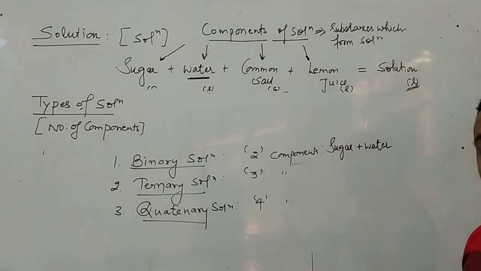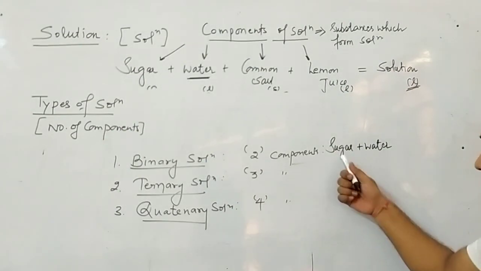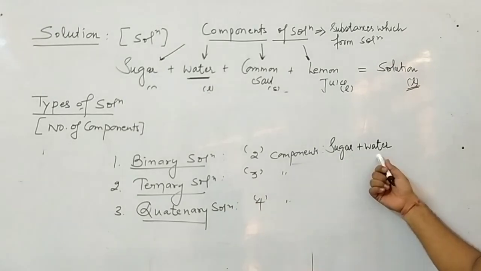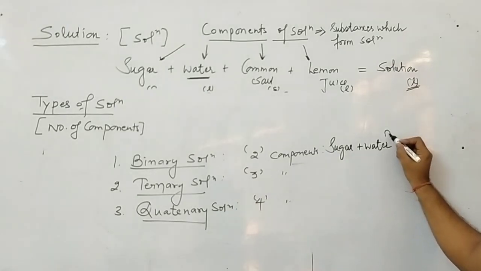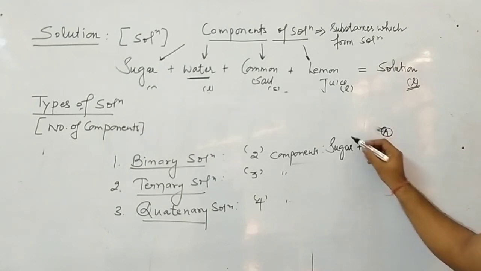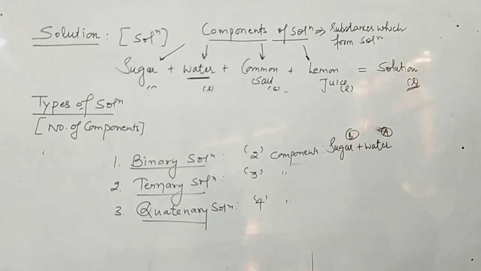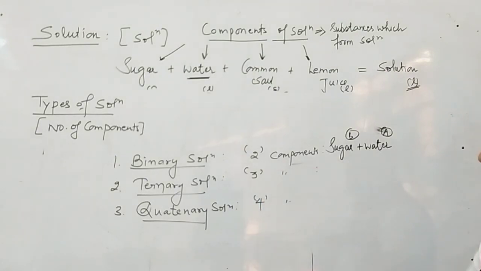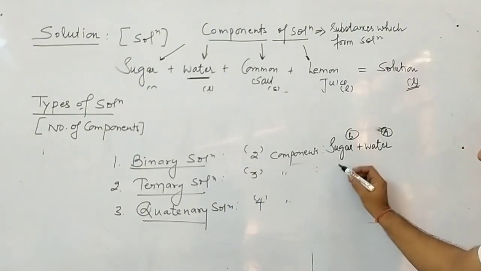Now see which is solute, which is solvent. Out of sugar and water, which will be in maximum quantity? Water. So water will act as solvent, whereas sugar will act as solute. Understand? Now I take the example of ternary solution which contains three components. So what will I take?